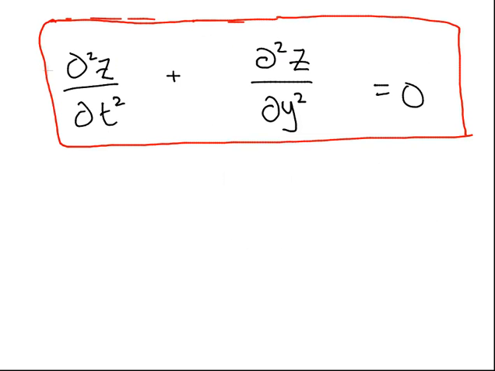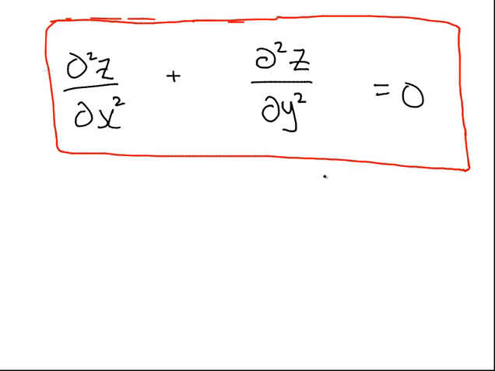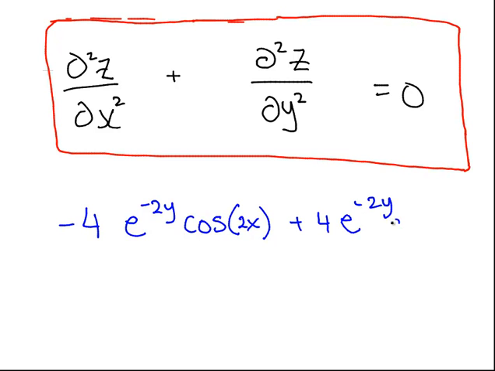So let's put this all together. The first term is d2z over dx squared, and we found that to be minus 4 times e to the minus 2y cos of 2x, plus 4 times e to the minus 2y cos of 2x, the second expression.